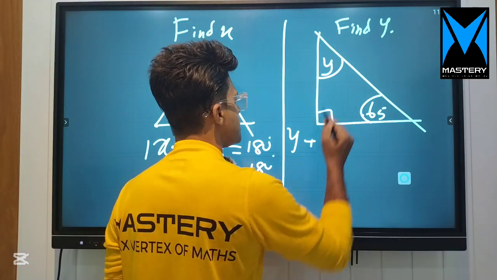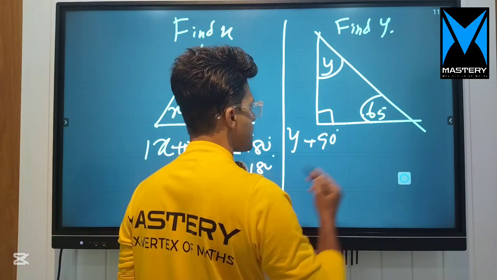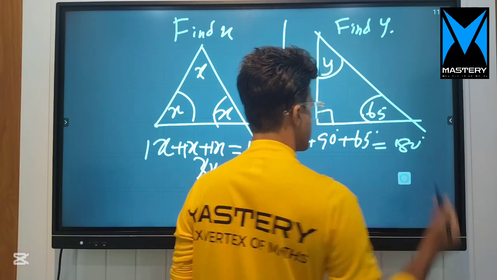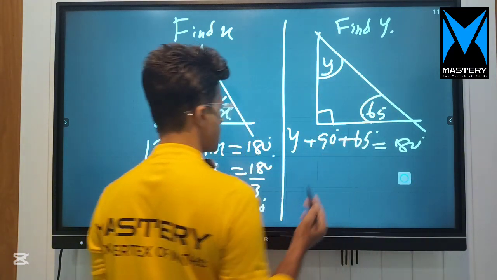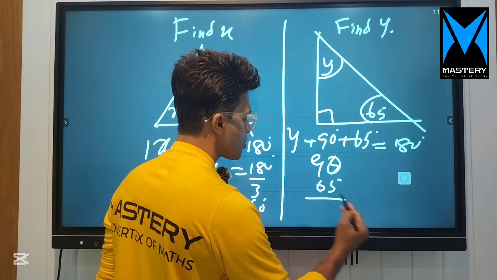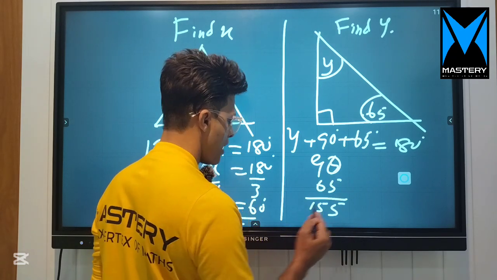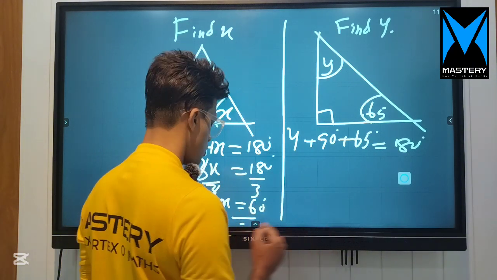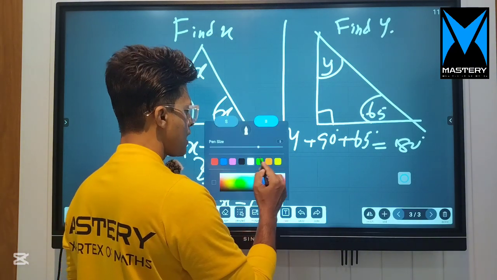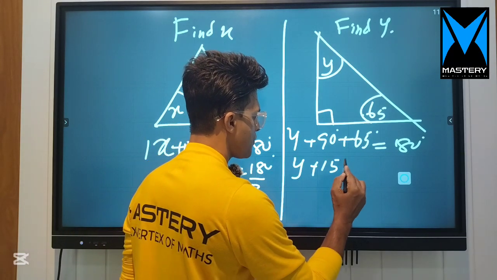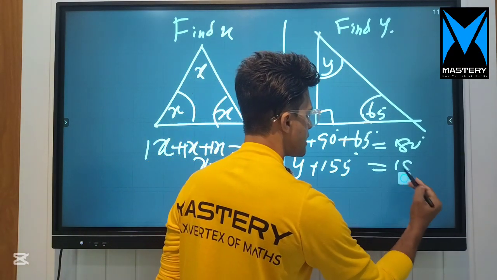So y plus 90 degrees, this means the right angle, plus 65 degrees equals 180 degrees. 90 plus 65 is 155 degrees. So y plus 155 degrees equals 180 degrees.